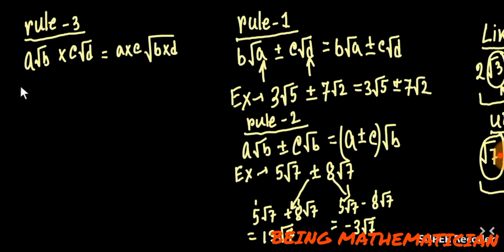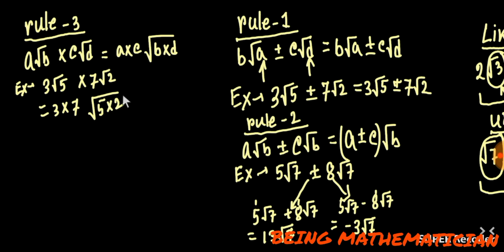To realize this rule, we have to see the examples. 3 root 5 into 7 root 2, it will be 3 into 7 root over 5 into 2.